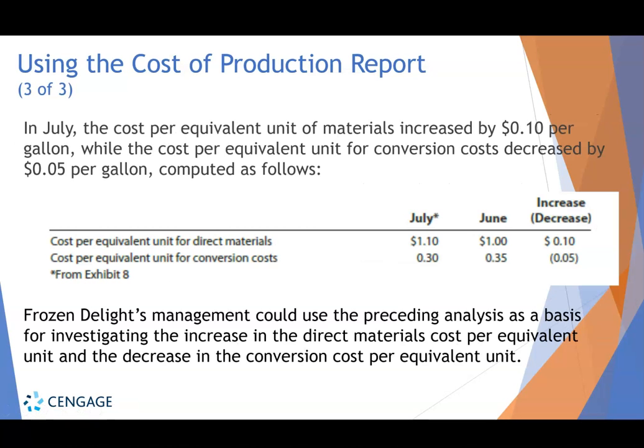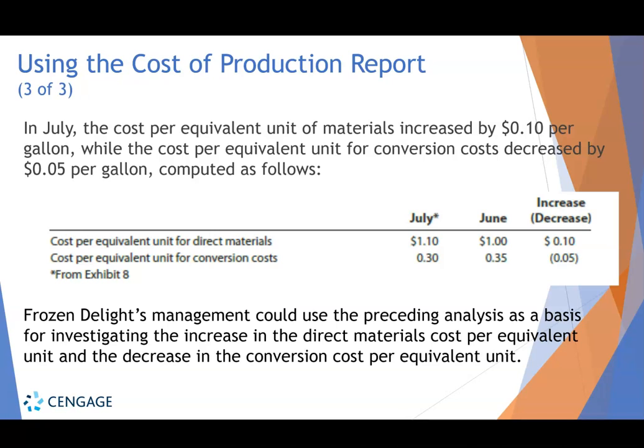In July, the cost per equivalent unit of the materials increased by 10 cents per gallon, while the cost per equivalent unit for conversion costs went down 5 cents per gallon. And we see it by, in July, cost per equivalent unit for direct materials was $1.10. In June, it was $1.